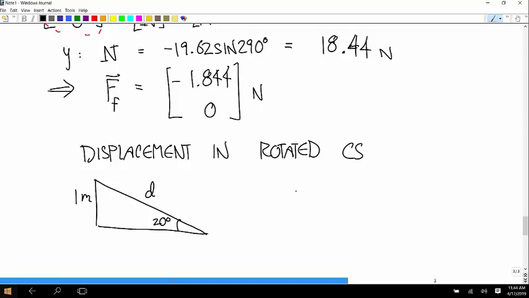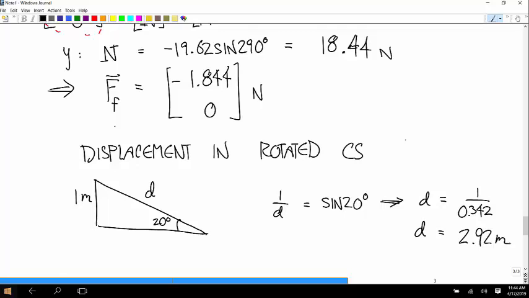So 1 over d is equal to sine of 20 degrees. So that d is equal to 1 over 0.342. What do you get for d? 2.92 meters.